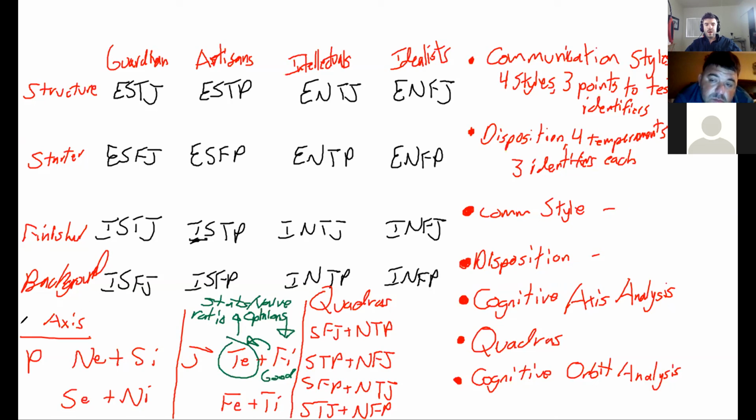So you can use cognitive axis analysis to pick out sentences that people say when they start talking about belief or opinions. You know, I feel good about these numbers, or that's a good price. The sentence, that's a good price, is an FI-TE statement, okay?